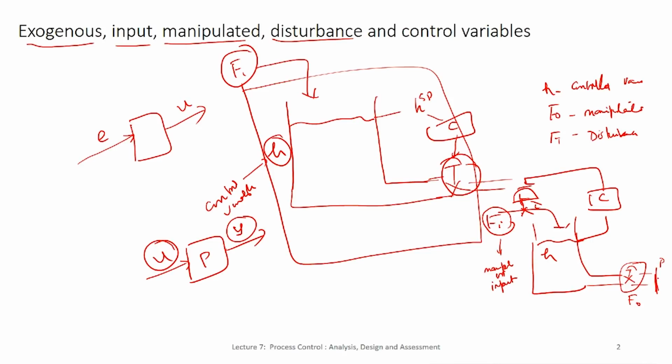So, if the downstream pressure keeps changing, that will make this F naught change. Now, in this case F naught will become a disturbance variable. So, the definition of manipulated variable and a disturbance variable depends on what your control architecture is. In this case I have H as the output, Fi as the input or manipulated variable and F naught as the disturbance variable.